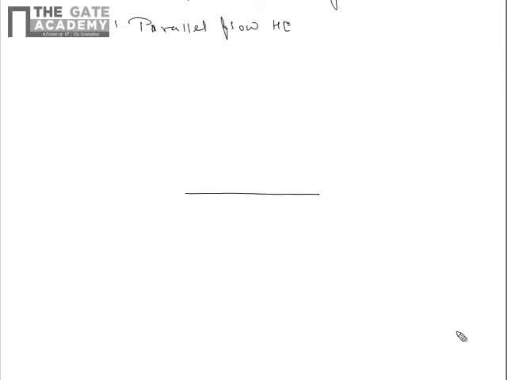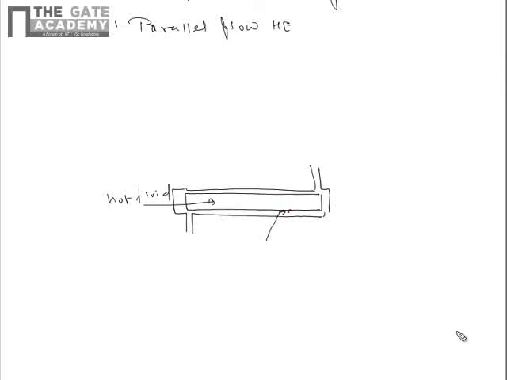Let us say this is our heat exchanger which contains two tubes, one inner tube and one outside tube. So, in the inner tube, let us say hot fluid is flowing, and in the outer tube, let's say cold fluid is flowing.